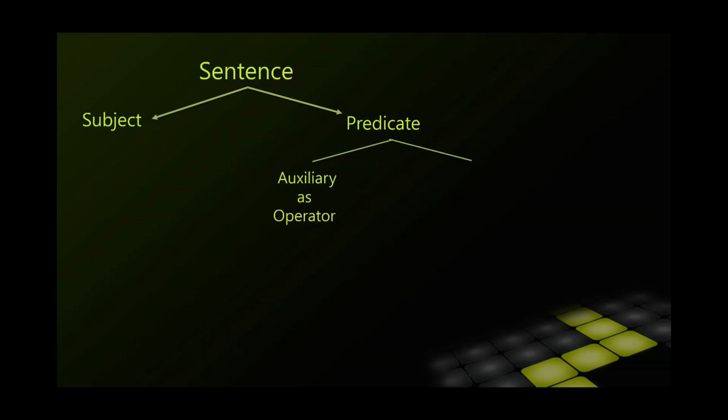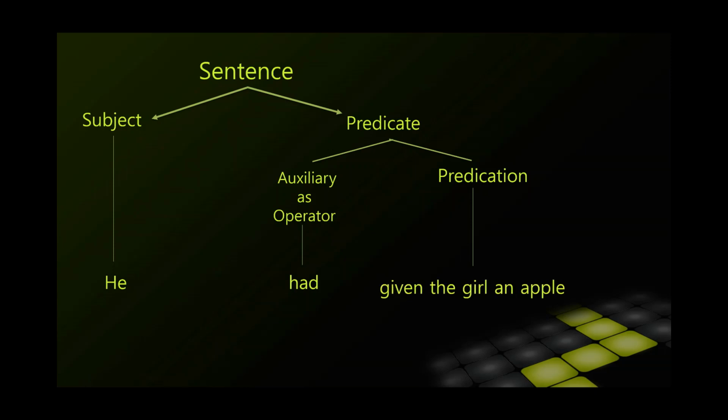It could be made up of an auxiliary, which can be considered as an operator, and also a predication. The predication includes the main verb and the rest of the sentence. Hence, we have the sentence: he, the subject; had, the auxiliary; and given the girl an apple, the predication.